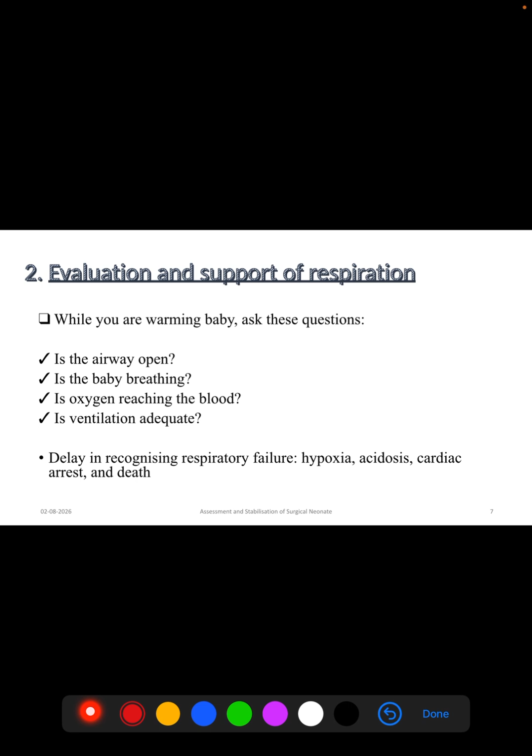Then whether the baby is breathing well or not, whether oxygen is reaching the blood or not, whether the ventilation is adequate or not. If we delay in recognizing all these key points, the child might end up in respiratory failure. Again, the hypoxia, acidosis vicious cycle will happen, and there might be cardiac arrest and death also.